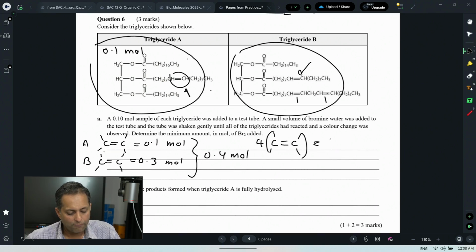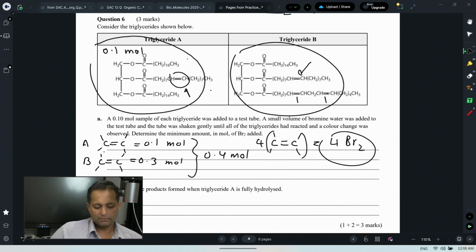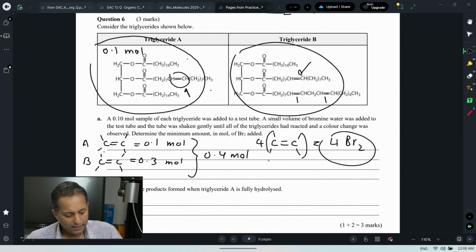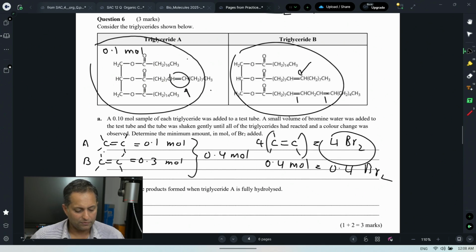Since we have only 0.4 moles of double bonds, you need 0.4 moles of Br2.